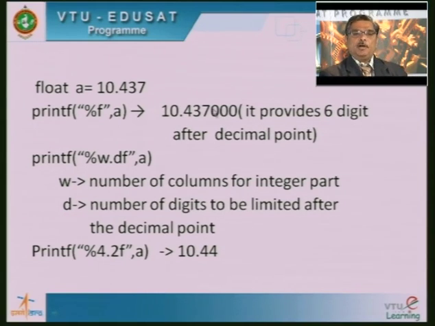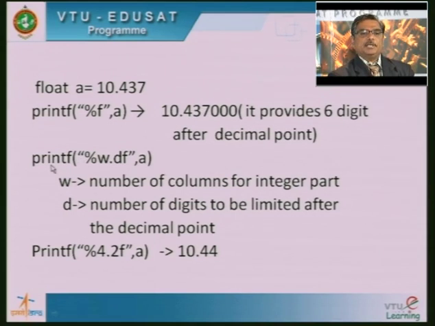Anyway, you don't want this output to be printed like this. I want only 2 digits to be printed, 10.43. Because the next digit is greater than 5, this should be printed as 10.44. In this way you want to restrict the number of digits after the decimal point.